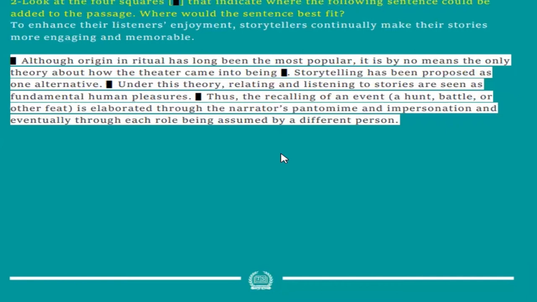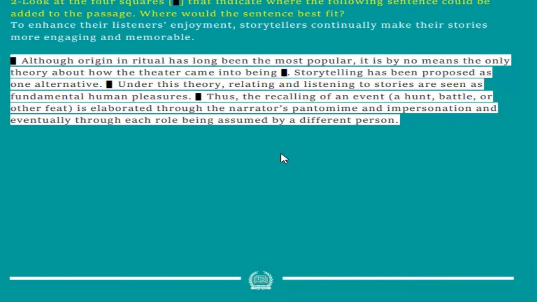because the previous sentence wasn't talking about storytellers. So I think the box is the third one. Storytelling has been proposed as one alternative. Yes, it could be in this place. Under this theory, relating and listening to stories are seen as fundamental human pleasures.